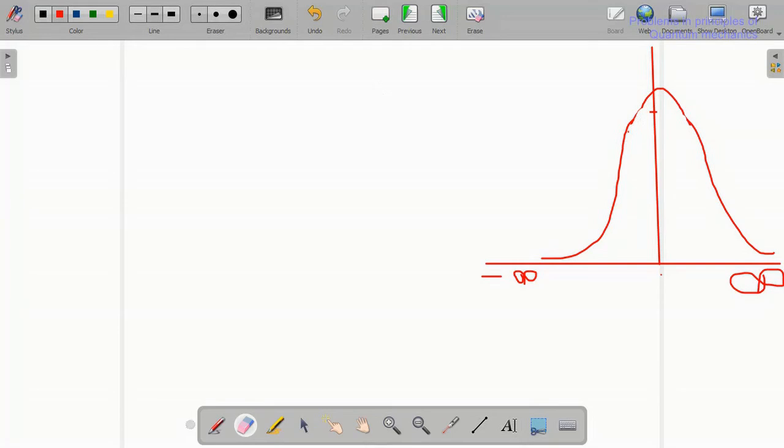So this is the Gaussian wave function. What is the mathematical formula? e power minus a x square.